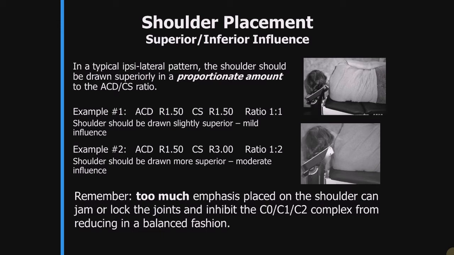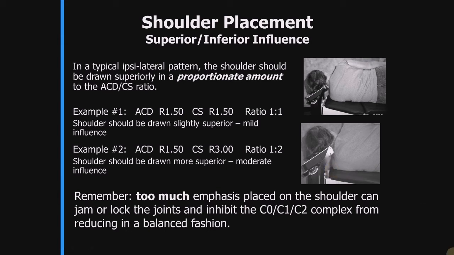If we're observing an ipsilateral protocol for care, then the distal shoulder would be drawn superiorly in a proportionate amount to the ACD cervical spine ratio. And if the ACD to cervical spine ratio is a 1-to-1, we would only have a mild influence of raising the distal shoulder superiorly, whereas with a 1-to-2 ratio, we would have a more drastic raising of the shoulder superiorly, and a moderate influence for a 1-to-2 upper angle to lower angle consideration.